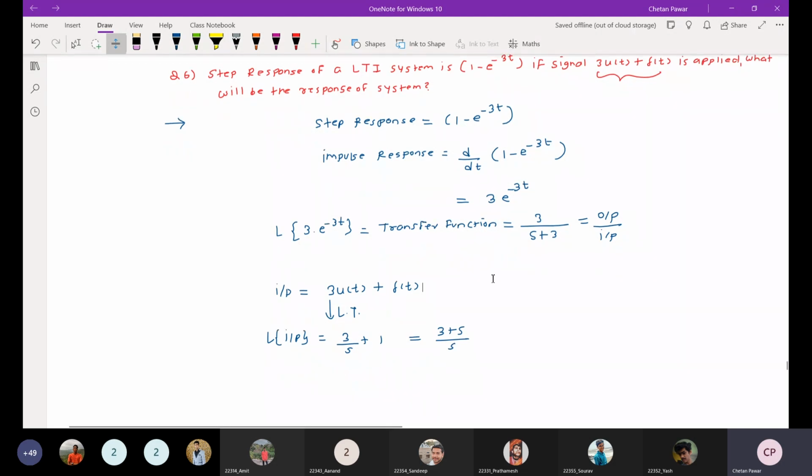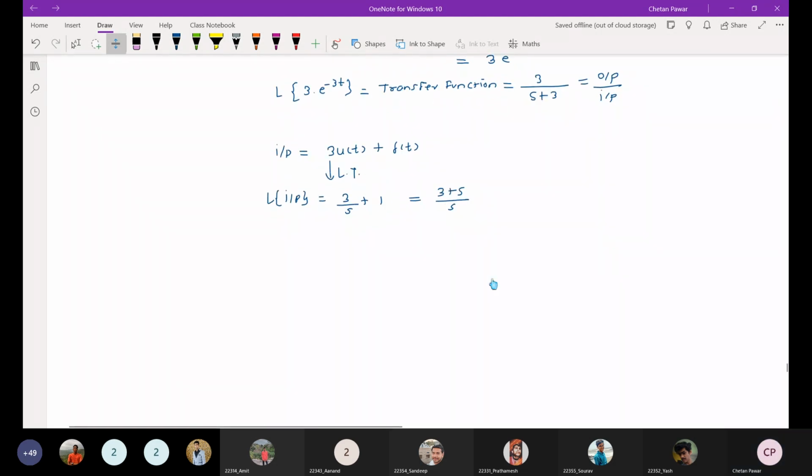So what will be the output? LT of output will be the transfer function into LT of input.